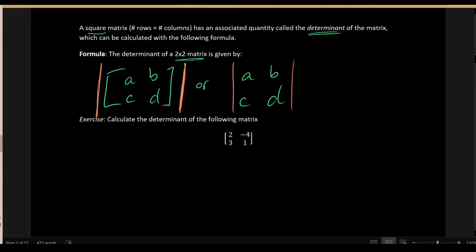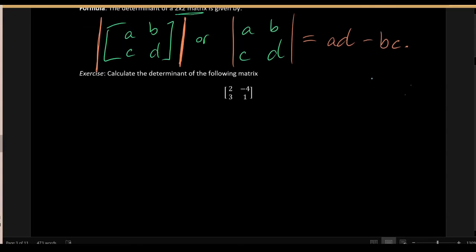This is the notation for the determinant. The determinant formula is given by the number which is found by taking diagonal products. Multiply the number A in the top left corner by its diagonally opposed number D. Then subtract what you get by going along the other diagonal, AD minus BC. For exercise, let's calculate the determinant of the following matrix.